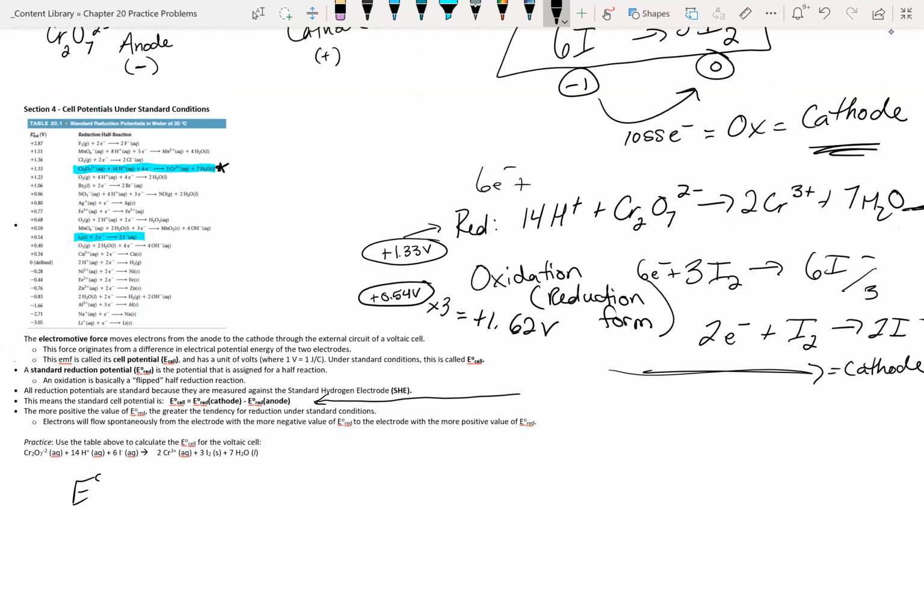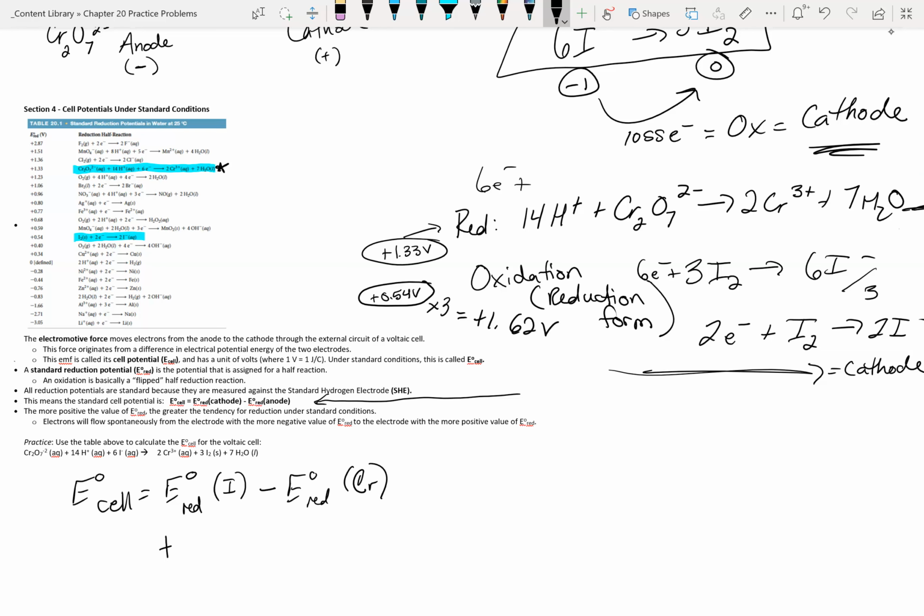So we're going to do E naught cell equals E naught reduction of the I reaction minus E naught reduction of the chromium.